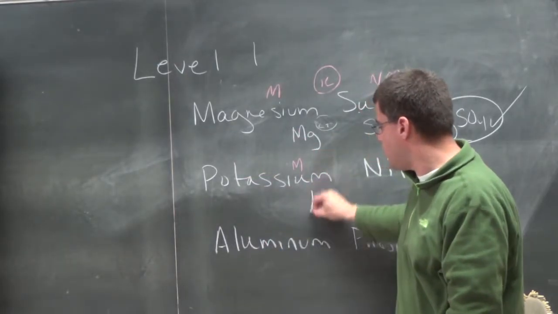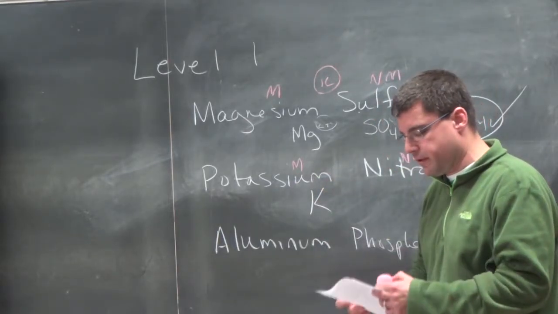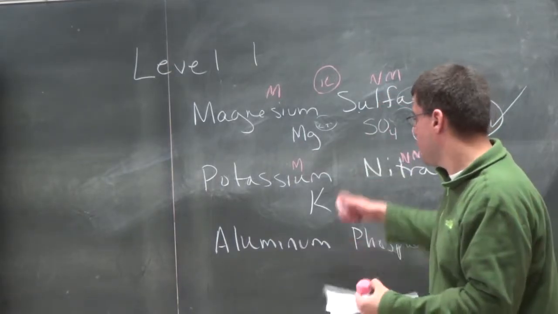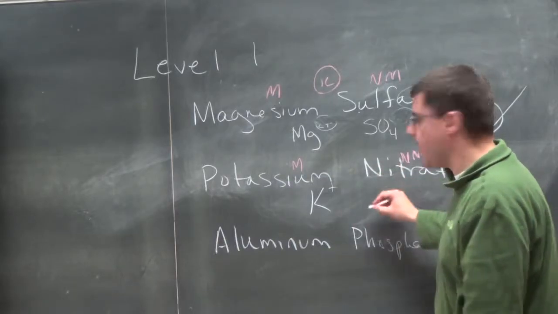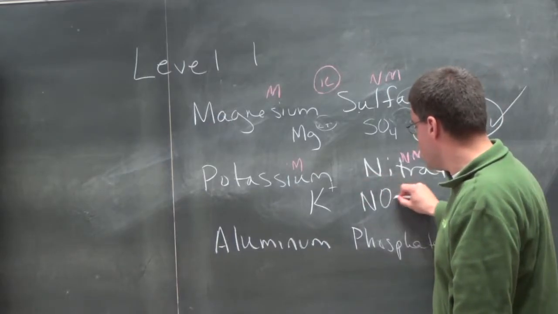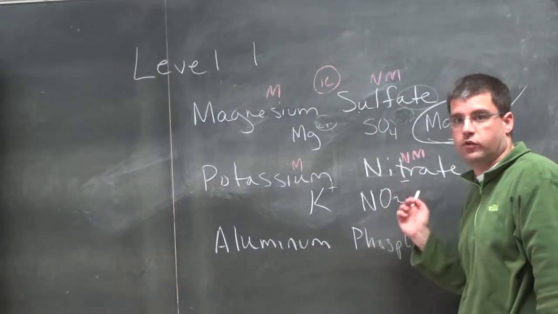So we know K, alkali metal, one of the most reactive metals in the periodic table. Remember? Oh, let me see if I can get a potassium ring. Can't do it. Positive 1 charge, wants to lose a valence electron. 1 valence electron. Nitrate, you've got to know it by now. No, you are grounded to nitrate. 3 times I said no, negative sign. You should know these by heart.